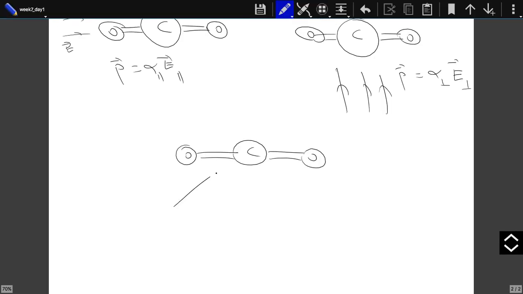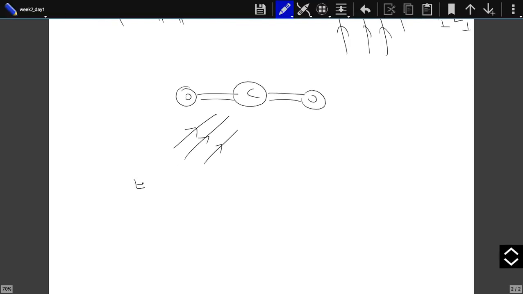But if you apply an electric field in this direction, you see the electric field will have two components. There will be the component parallel along the line of your molecule plus a component perpendicular to the line of the molecule.